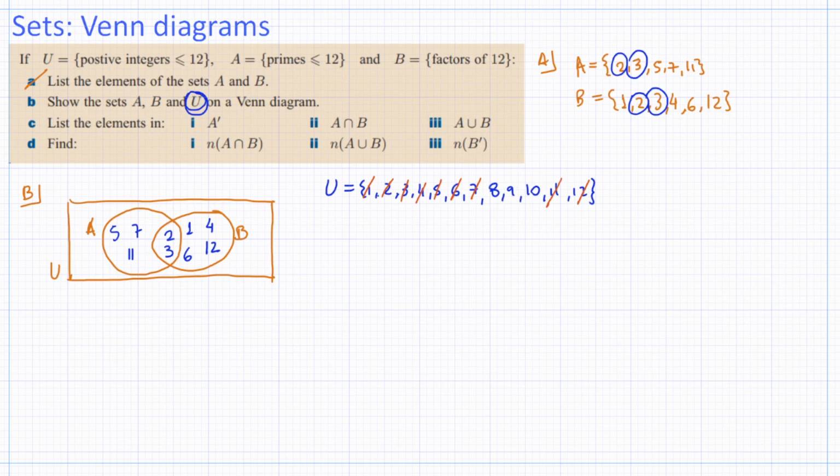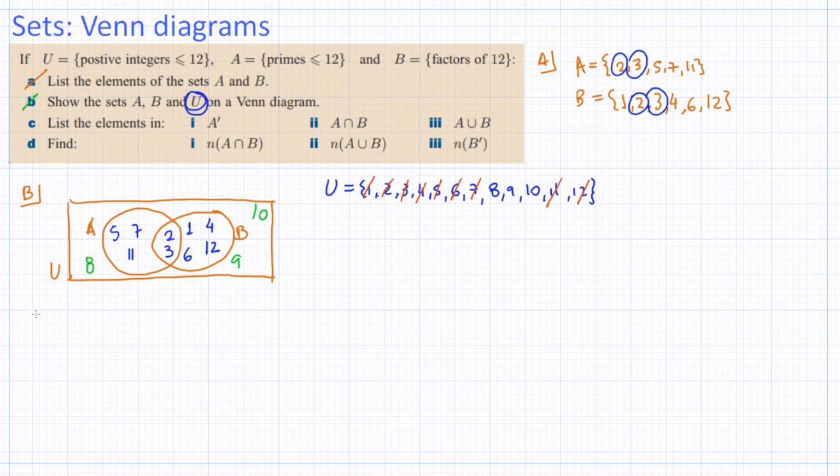And that's fair enough. So I could just spread them around here. It doesn't matter where you put them, as long as it's inside of the rectangle and outside of the circles. There you go. So letter B is done.